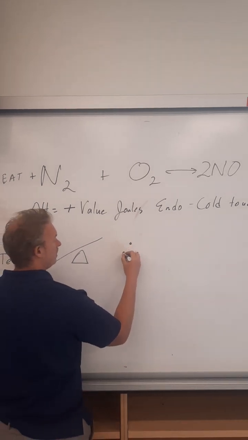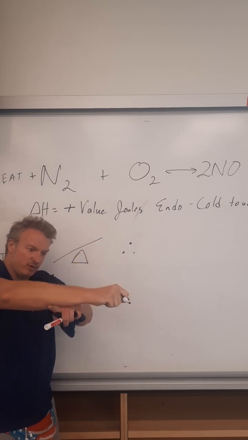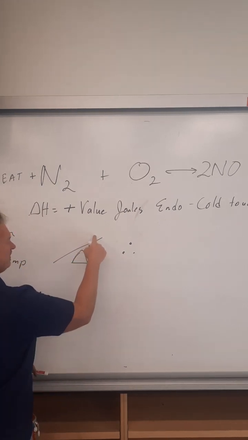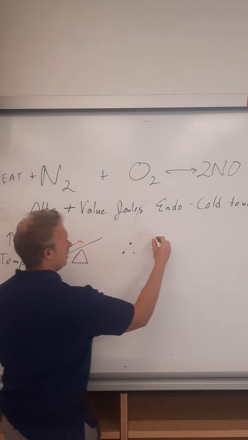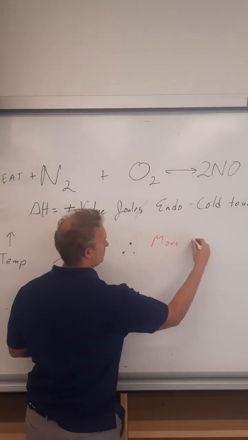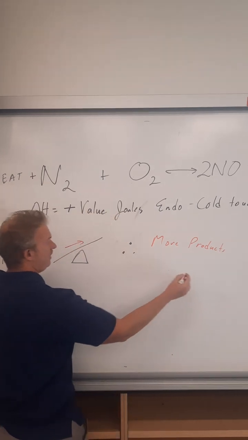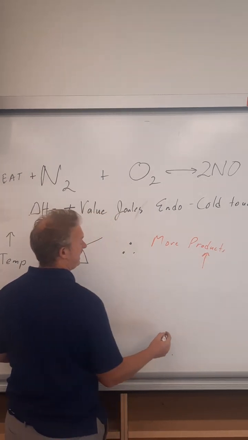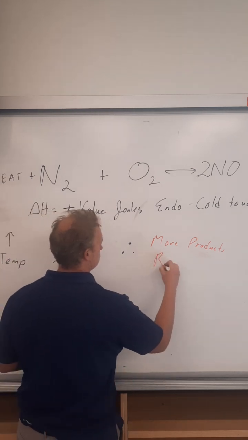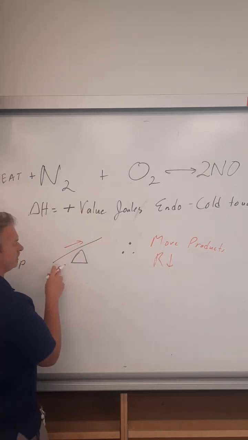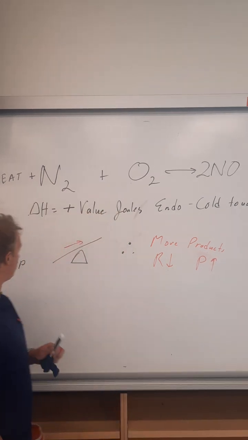Therefore, for this thing to tilt back to level, this has got to get heavier, this has got to get lighter, the reaction's got to go this way, more products are going to be produced. Products are going to go up, reactants are going to go down.